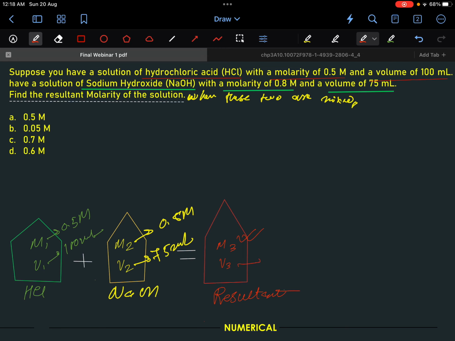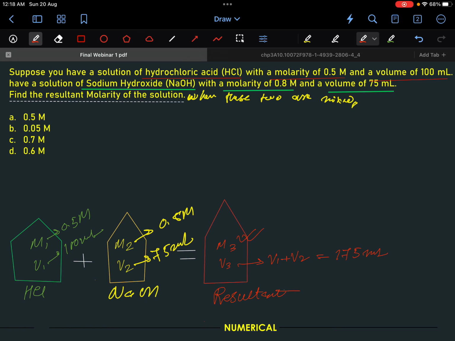But V3 will be equal to V1 plus V2, because V3 is created by mixing volume 1 and volume 2. So indirectly V3 is already given to us. The value of V3 is 100 ml plus 75 ml, that is 175 ml.